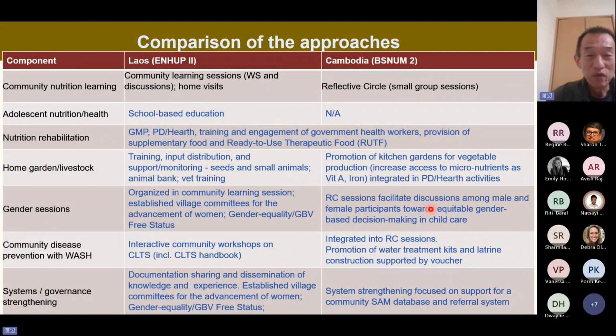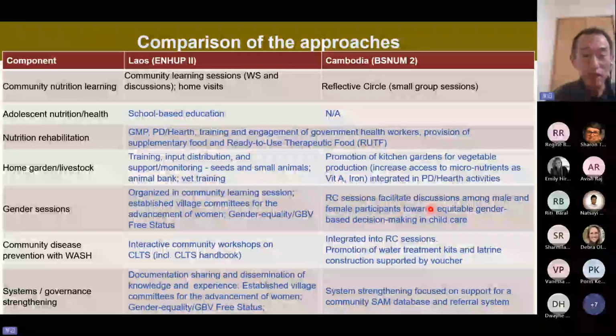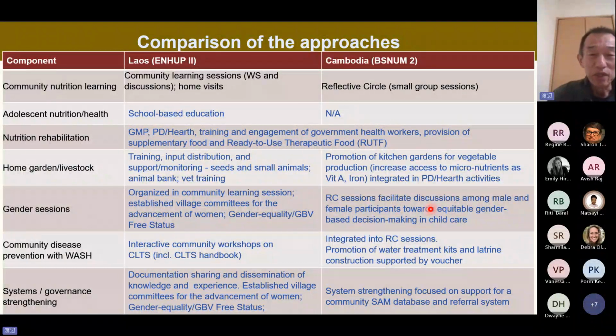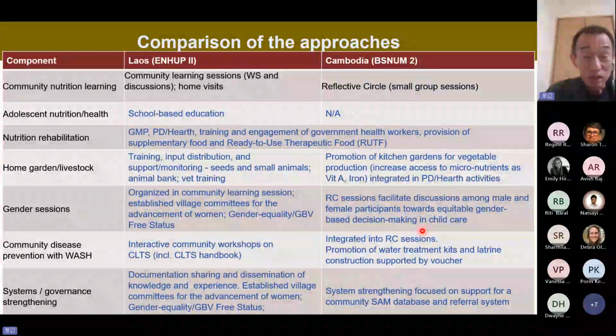So, for example, how to decide which food to purchase on a daily basis. Very practical gender topics are discussed between women and men together. I think it was quite an interesting approach and innovation, and it should also be quite effective.